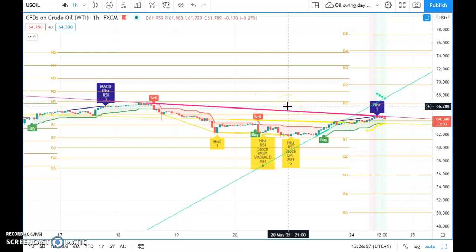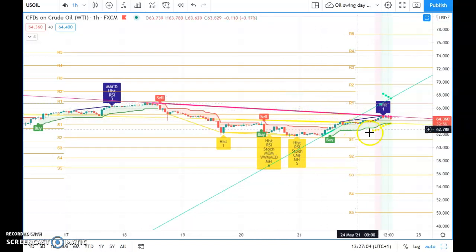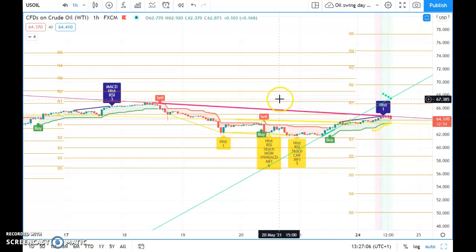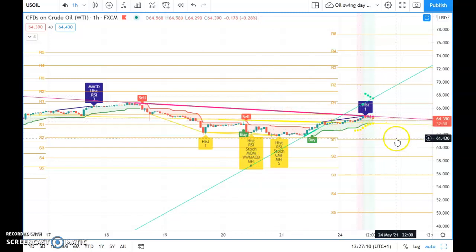And the other reason to use pivots, which is really important for people with smaller accounts, is you can use these as targets. So for instance, if we have a sell on oil, which we're likely to do in the next few hours, you'll have a target of 61.20, and then an S2 of 58.80. The important factors here are the round figures. So S1 is 61.27.